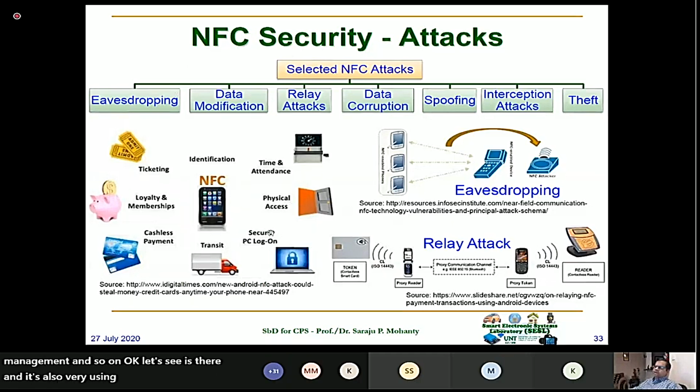So they are part of it, and they are subject to eavesdropping, relay attack, and other things. If they are hacked in a smaller domain, they can create problems for the bigger things, like physical access, transit, ticketing, and other things which are part of a bigger CPS. This is something that also needs to be solved.